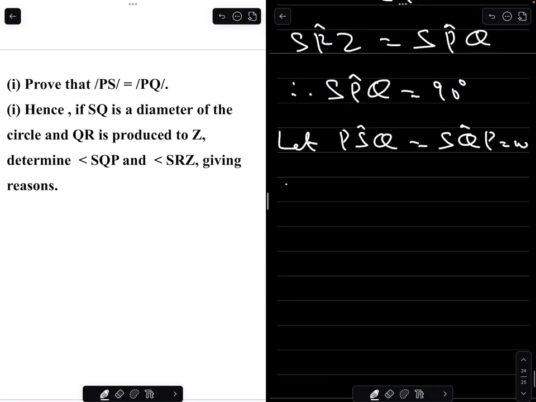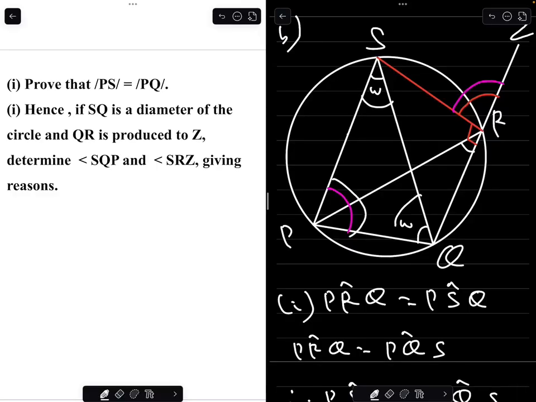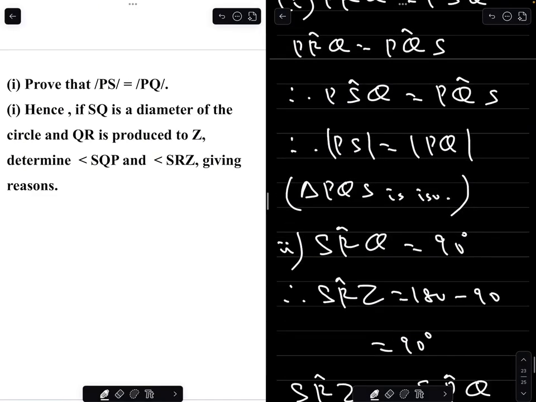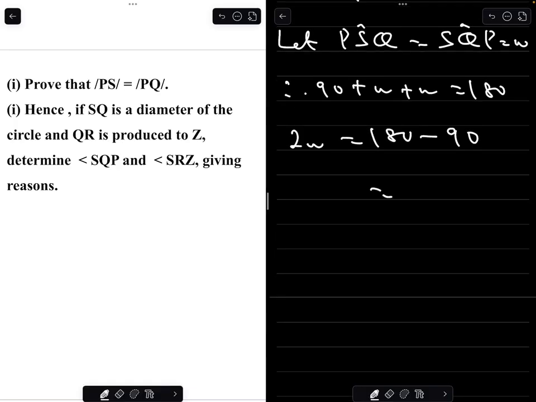So I can now say, therefore, 90 plus W plus W equals 180 degrees, the sum of angles in a triangle. That means 2W equals 180 minus 90, so 2W equals 90.